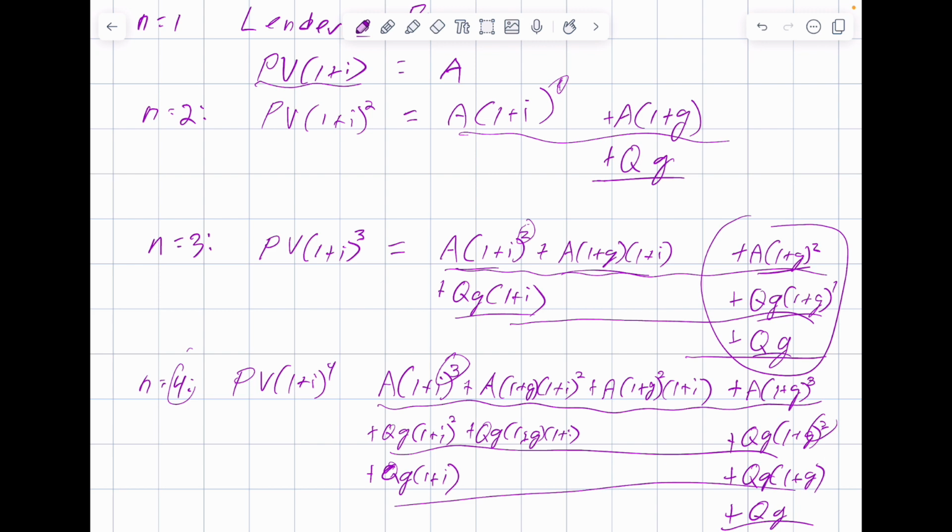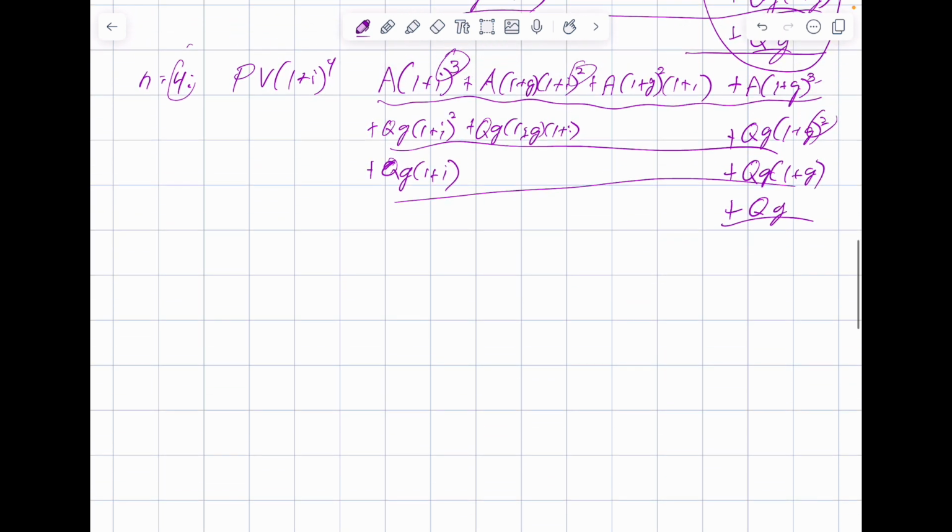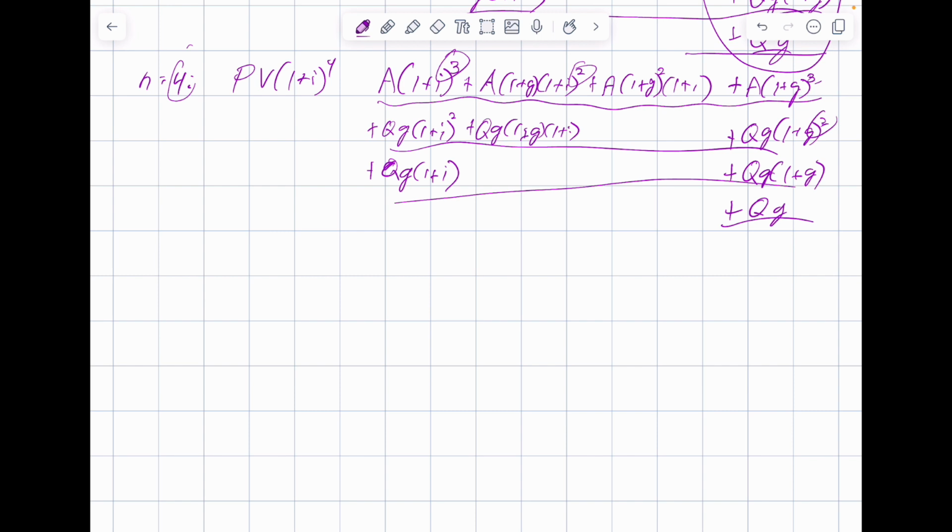We will be using the geometric sum formula. The first line with the A coefficient is a binomial with the exponent of 3.